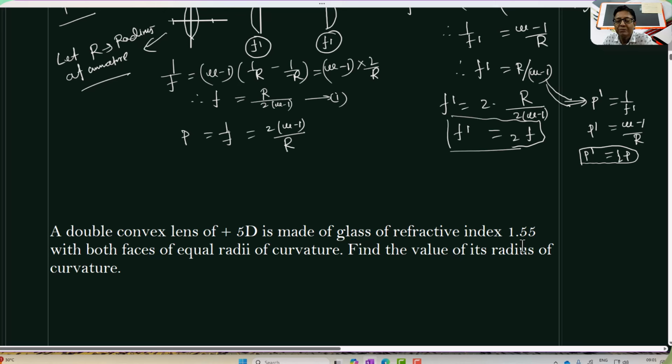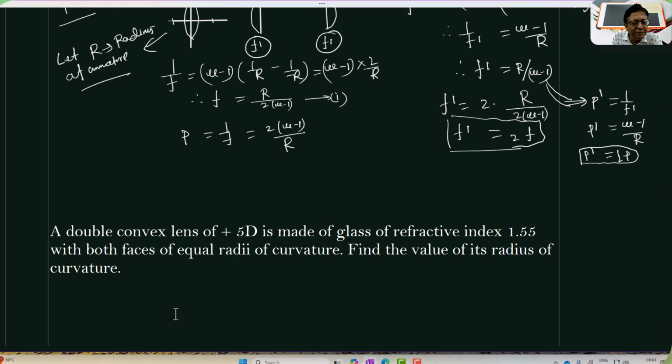Go for this one. A double convex lens is made of glass of refractive index, with both faces of equal radius of curvature. Find the value of its radius of curvature. This is not a difficult one. You will be able to do it. Only power is involved. That's why I want to do one sum with you.